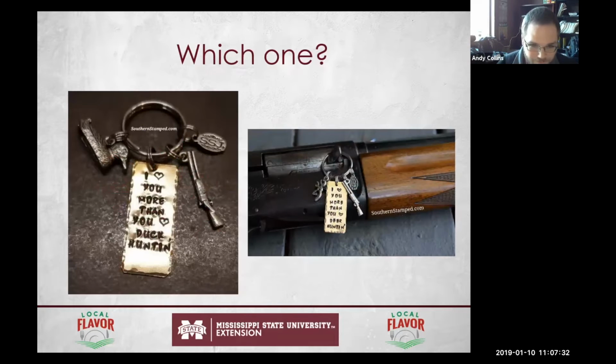A little more difficult example, this is a local Mississippi company I've worked with, Southern Stamped Jewelry. These are two different things they do. On the left, you have their keychain laid out on their table. On the right, you have it laid out on a gun, which is a chain that talks about deer hunting or duck hunting, as it says.